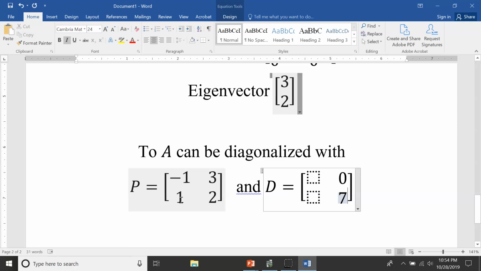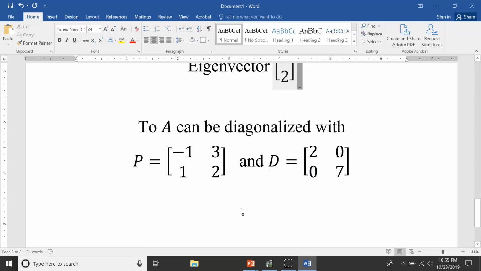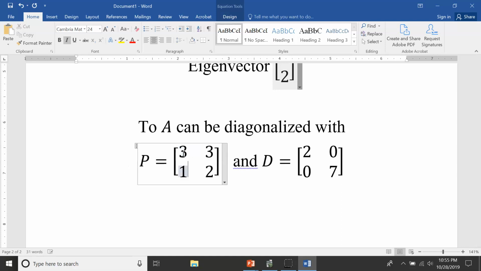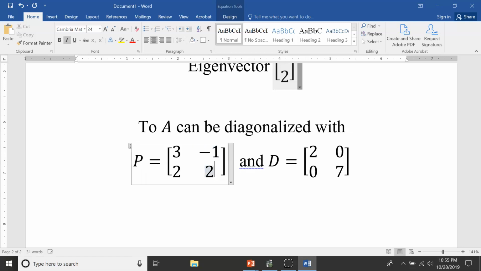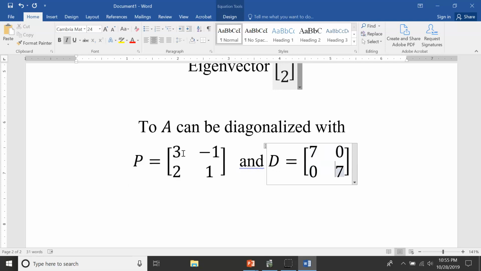And since negative 1, 1 had eigenvalue of 2, the first column of my diagonal matrix is going to be 2, 0. Now it's pretty obvious that the order matters. For instance, if we would have set 3, 2 as my first vector and negative 1, 1 as my second vector, then what would have happened is I would have had to swap the 7 with the 2.